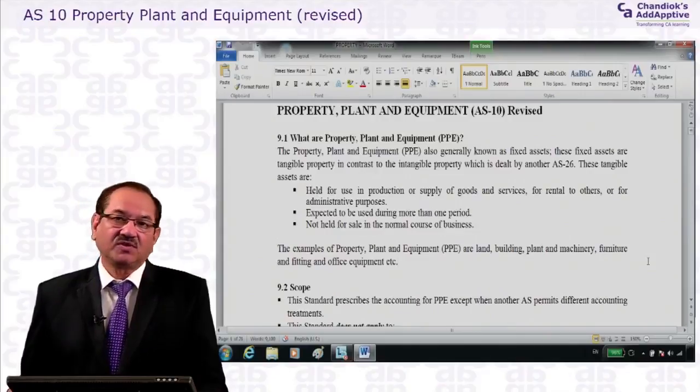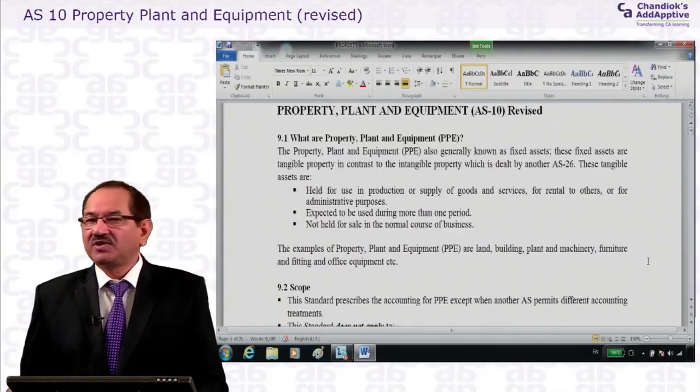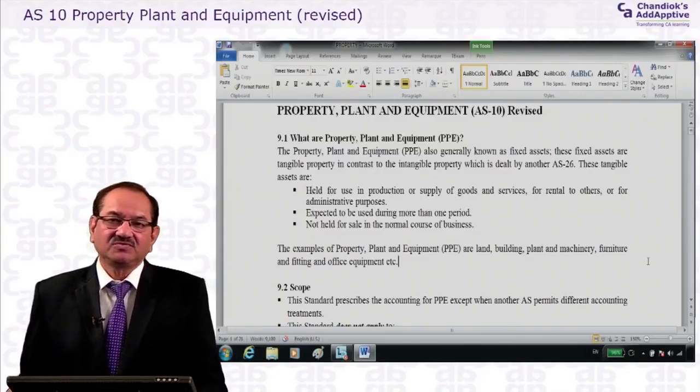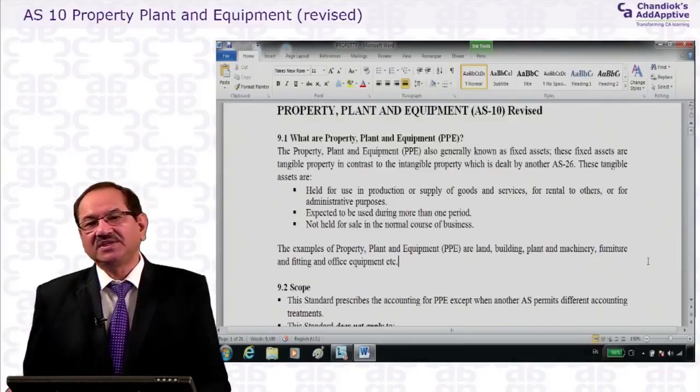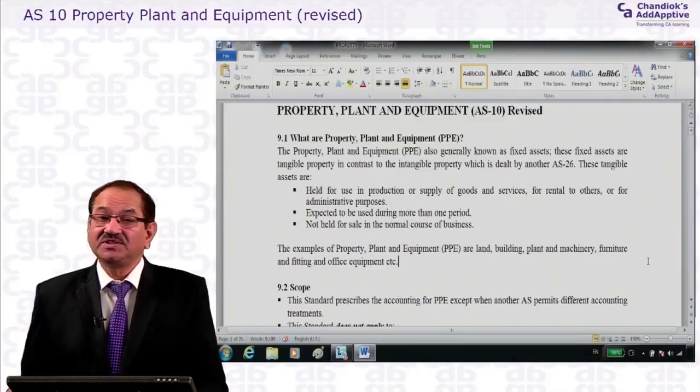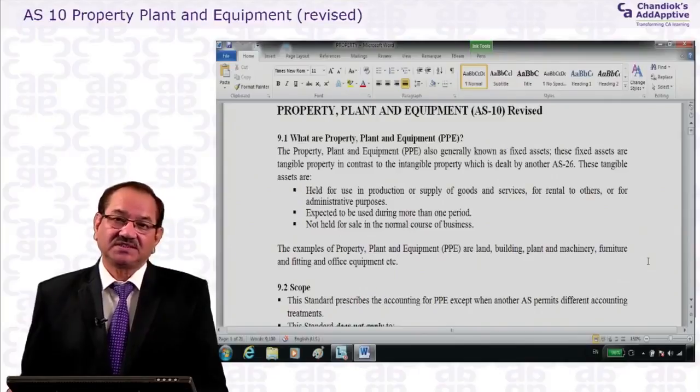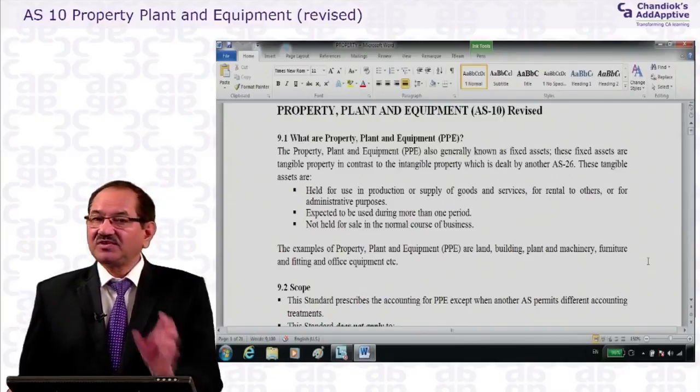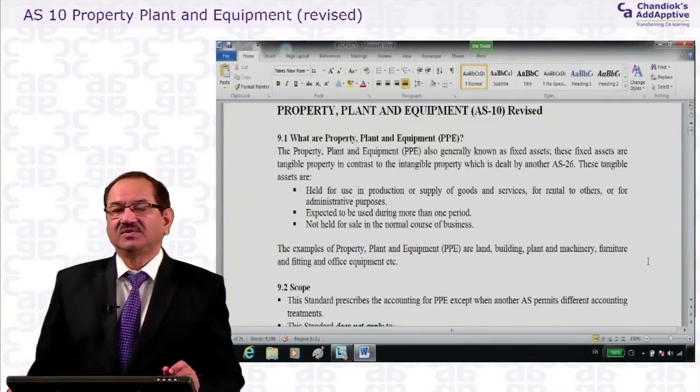Dear students, it will not appear now. After 1/4/2016, this will not appear on the liability side of the balance sheet. It will be disclosed as a note to the financial statements. So that is one of the changes in Accounting Standard 4.